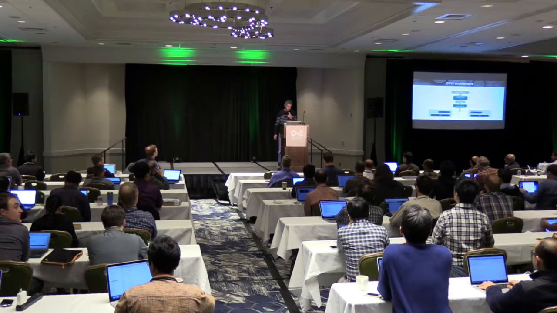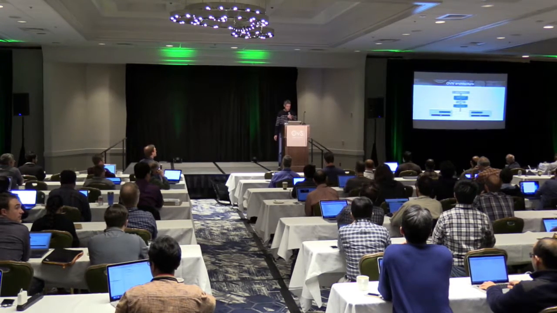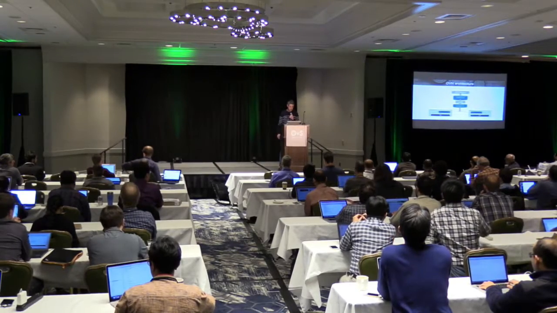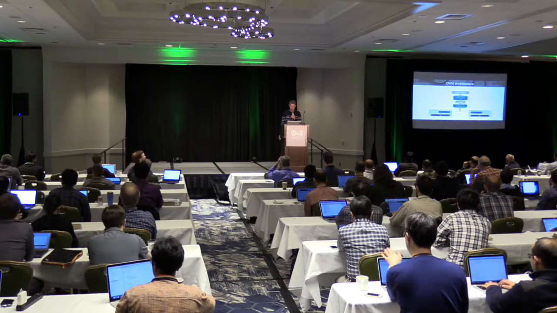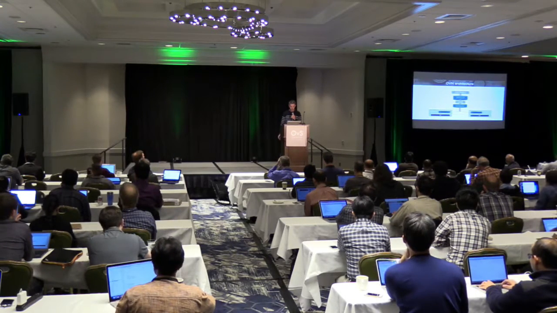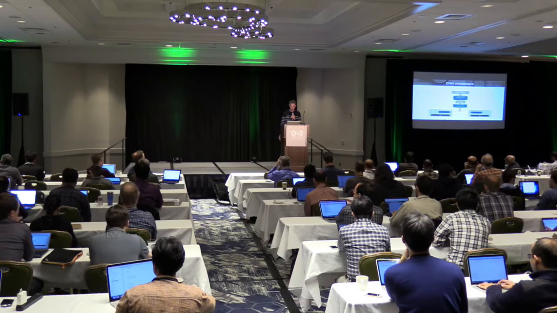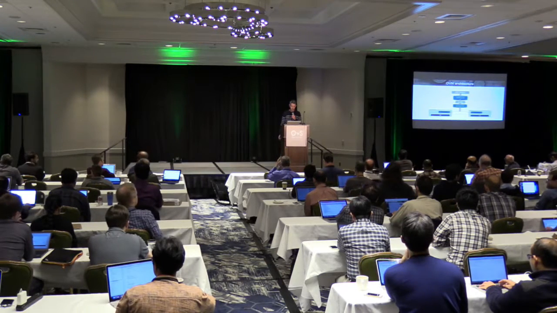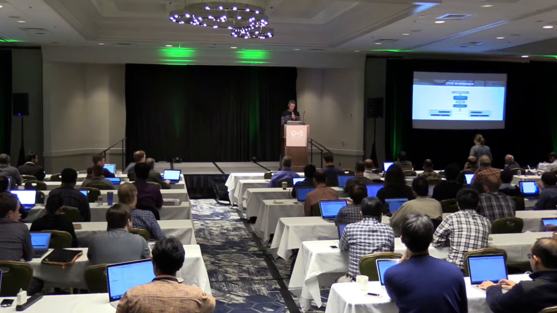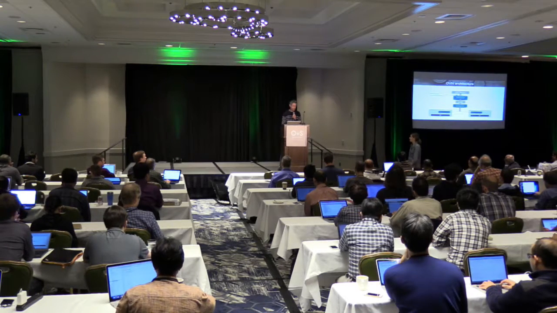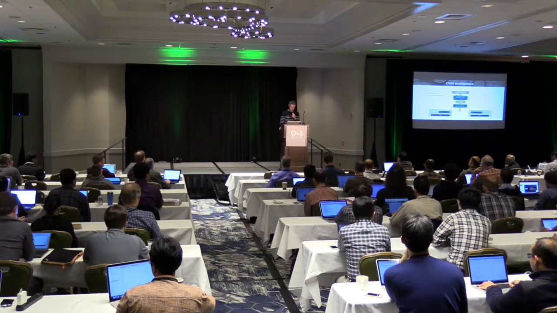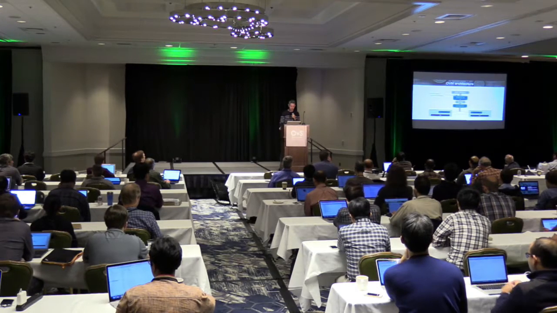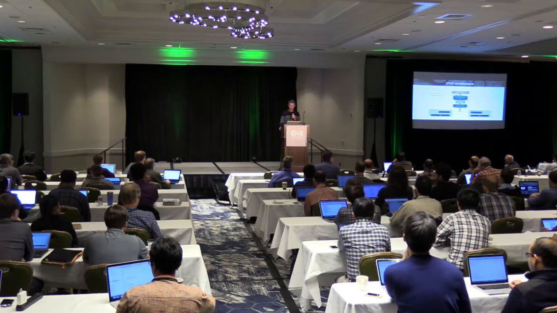So let's take a look at the OVN architecture to see what we wanted to tackle. At the bottom, we have the cloud management system. In the OpenStack case, it is Neutron, which defines the logical network topology and writes it down to the northbound DB.